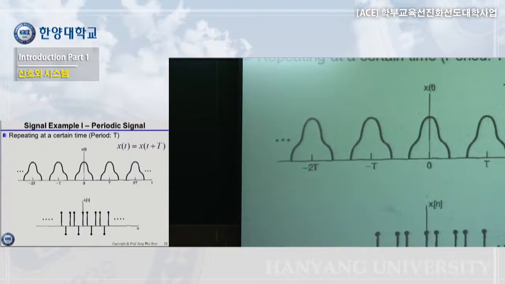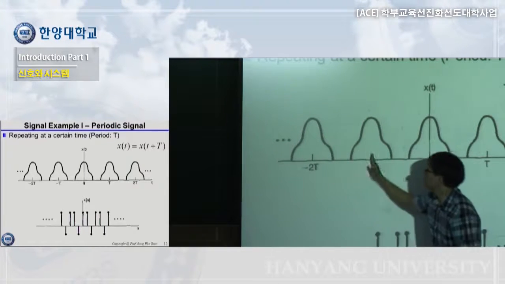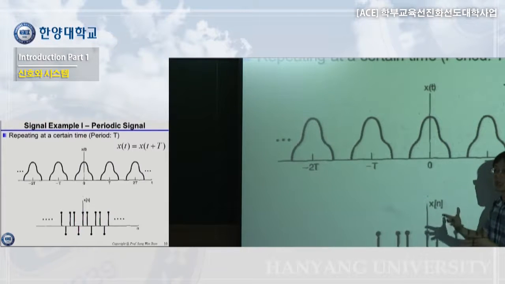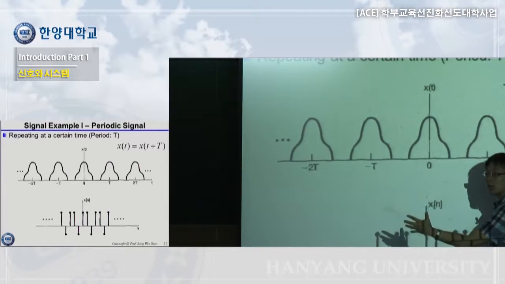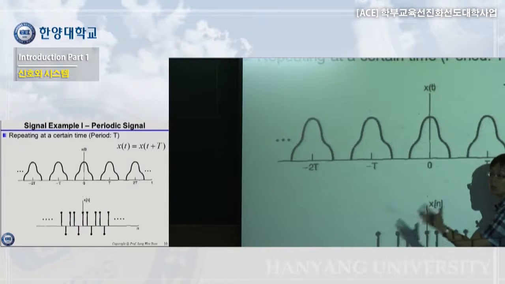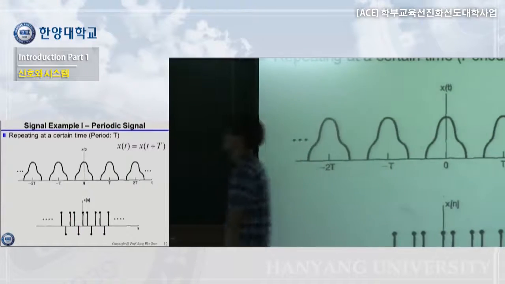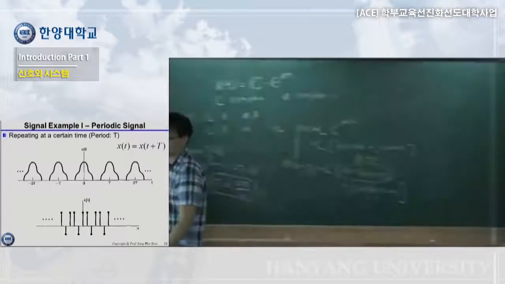But in our definition, we just define the period as the smallest one, because even though they repeat every larger t, our signal doesn't change. So we define the period as the smallest one out of this n. So this is our period.